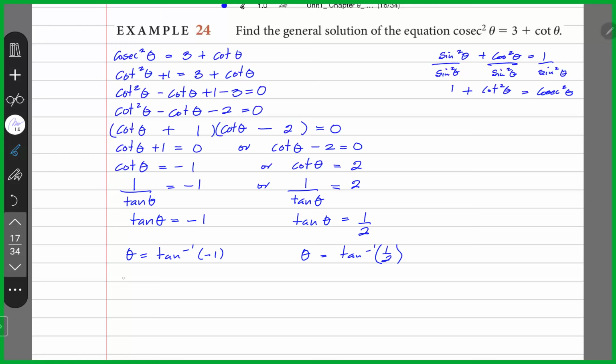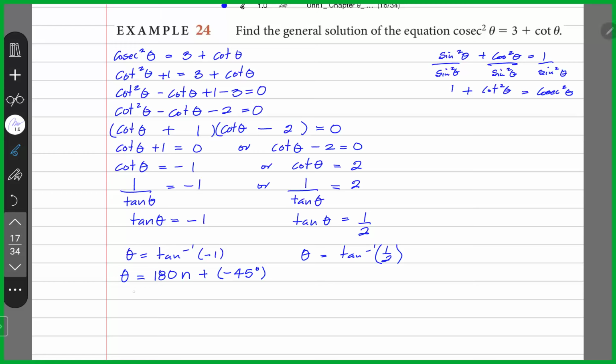So theta here would be equal to 180 degrees n plus minus 45 degrees, because tan inverse of minus 1 is minus 45 degrees.